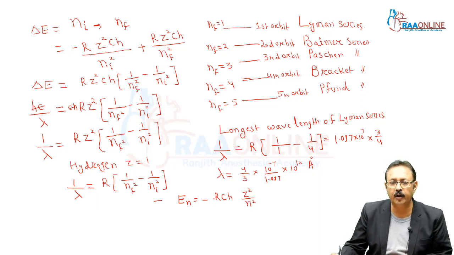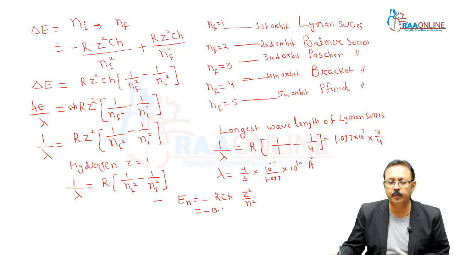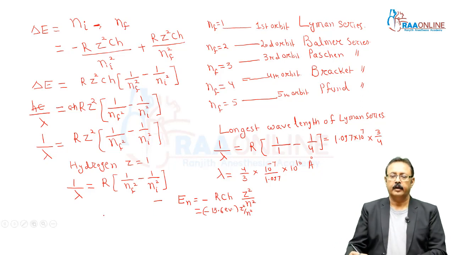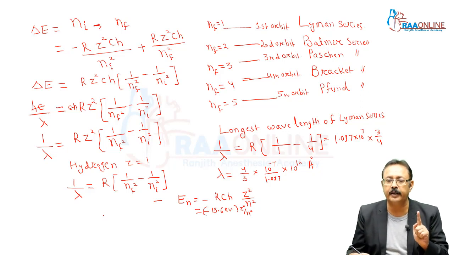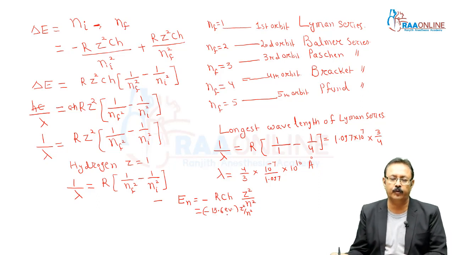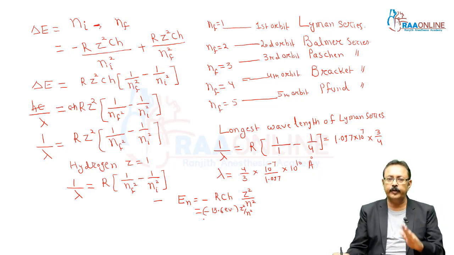If you multiply the values of R, C and H, this is energy because Z and N are dimensionless, and you will get 13.6 electron volt. It means if the electron is in its first orbit in the hydrogen atom, its energy is minus 13.6 electron volt. This state is known as the ground state.